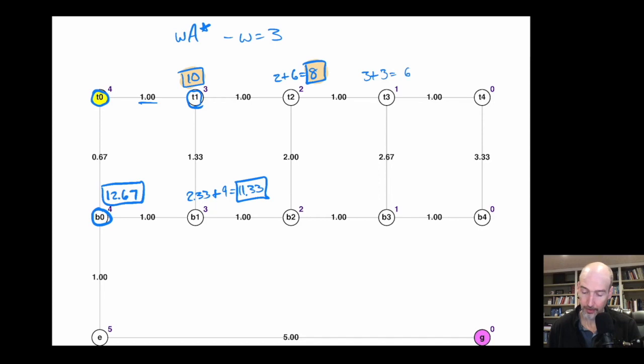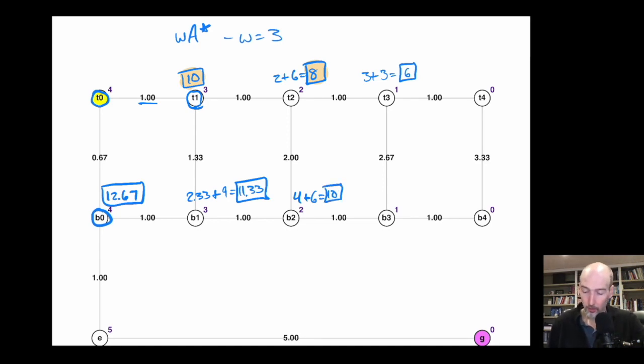This is going to have a priority of 6 here. And on the bottom here, in B2, we're going to generate a cost of 1, 2, 3, 4. Just to be clear, that's the path to get here, plus w 3 times 2 is 6. The priority of this state is 10.